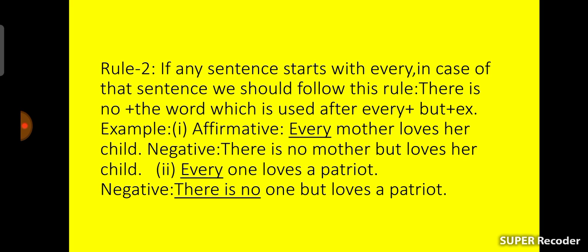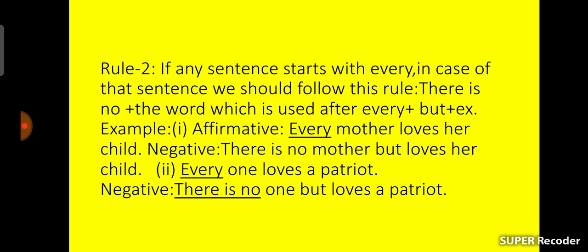Rule 2. If any sentence starts with every, in case of that sentence, we should follow this rule. We should use there is no instead of every. The word which is used after every, but plus extension. For example, number 1, affirmative: Every mother loves her child.